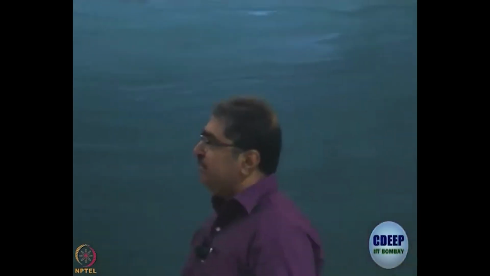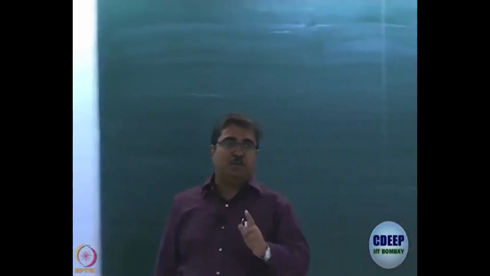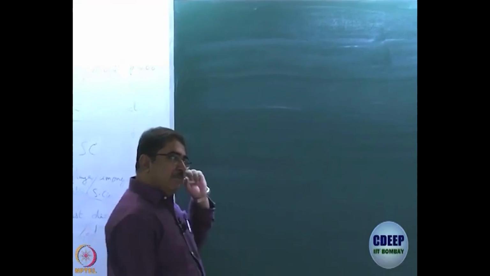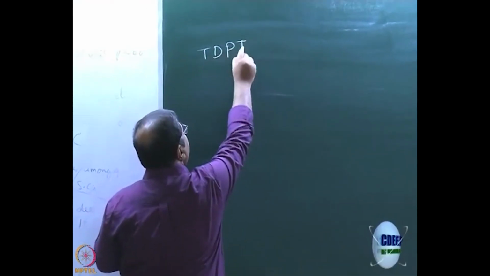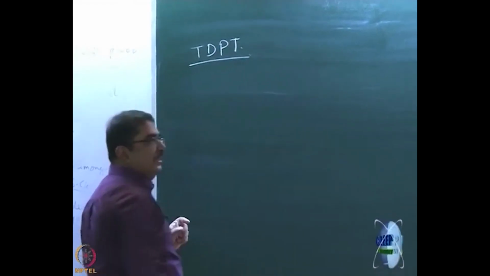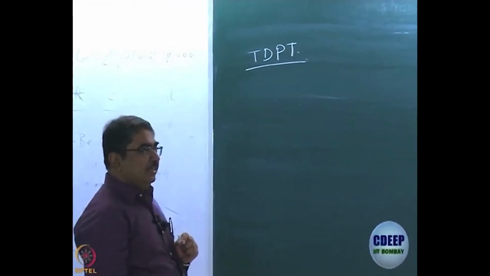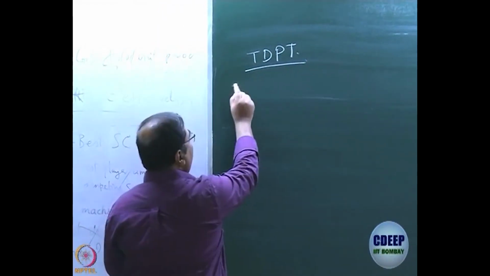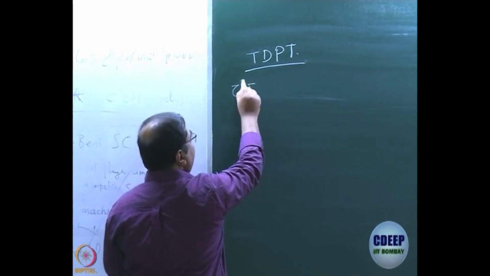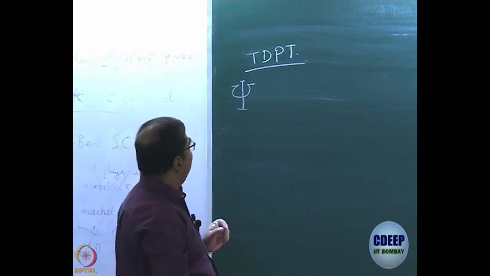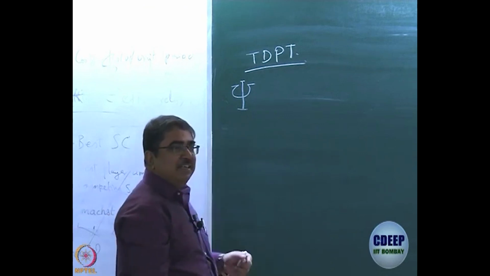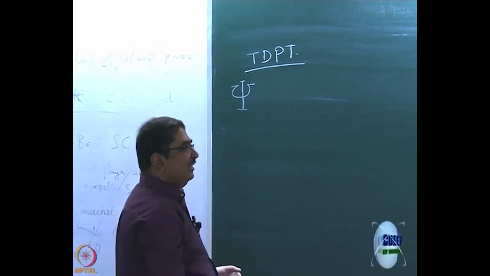So, let us remind ourselves a little bit about what we have discussed already about time dependent perturbation theory. TDPT is time dependent perturbation theory. As you remember, we are now working with the time dependent wave function capital Psi, and looks like I have gotten a little better at writing capital Psi with a little practice.